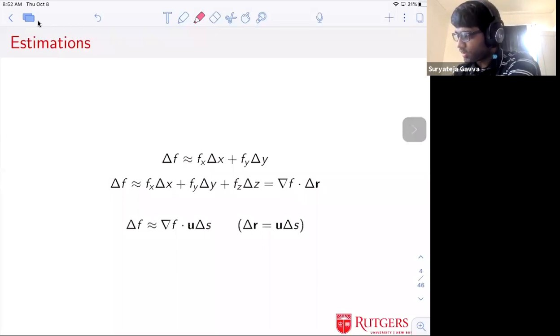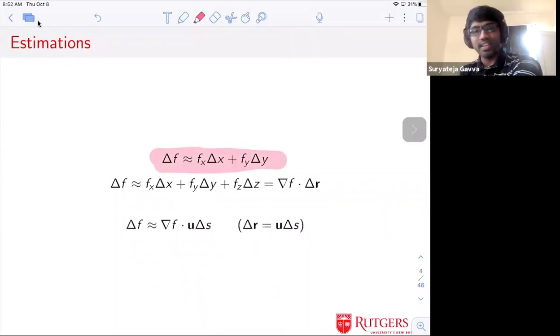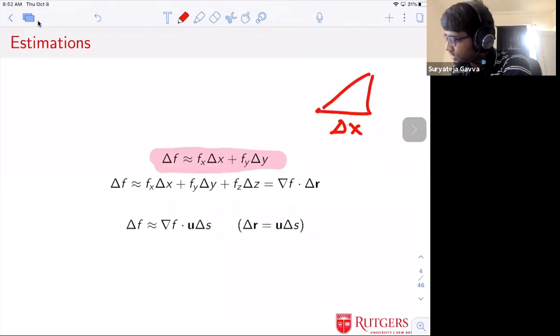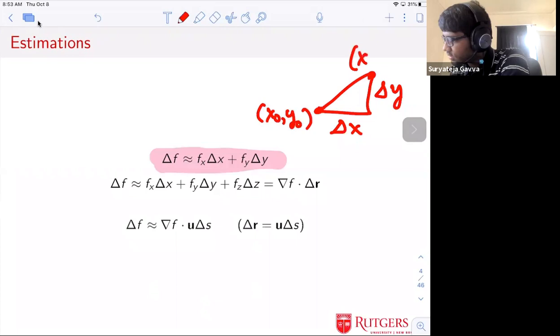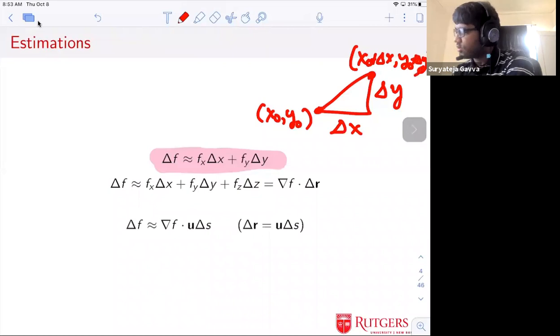Some information that you'll use, as I said, this is one of the most important formulas. To get the change in f if you move from this point x0, y0 to some other point x0 plus delta x, y0 plus delta y, you can do it by going along the x-axis and then along the y-axis.